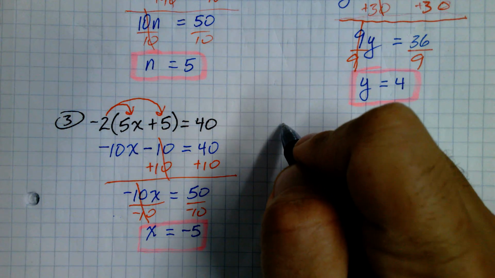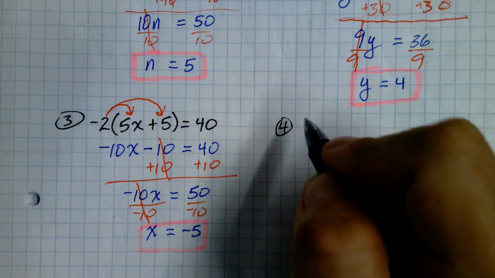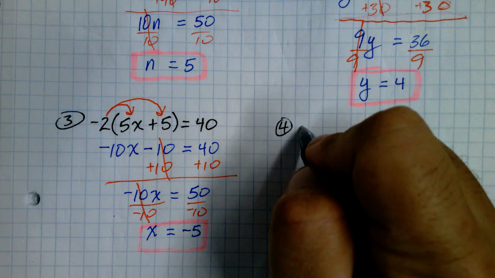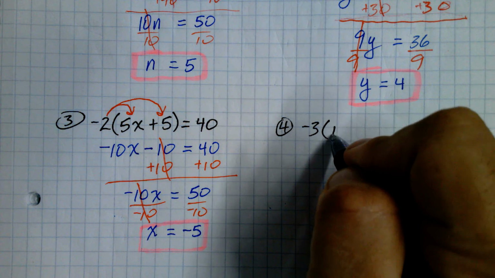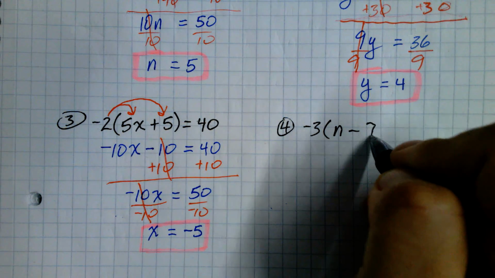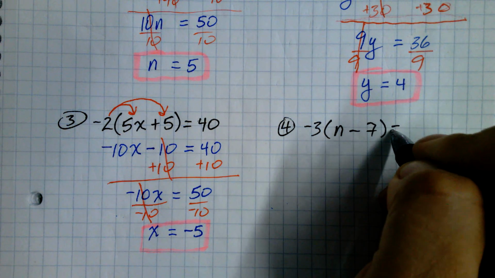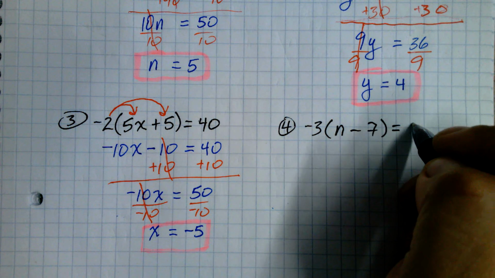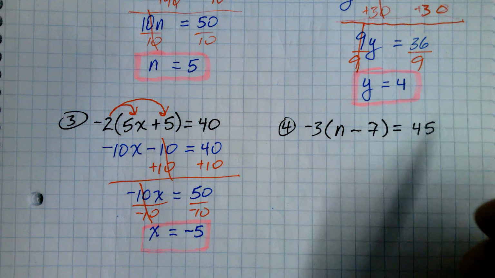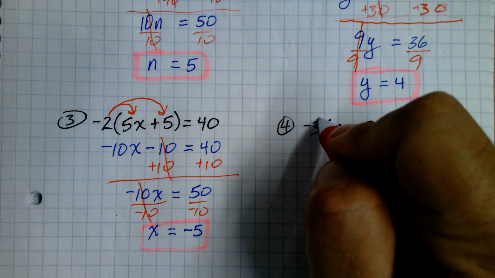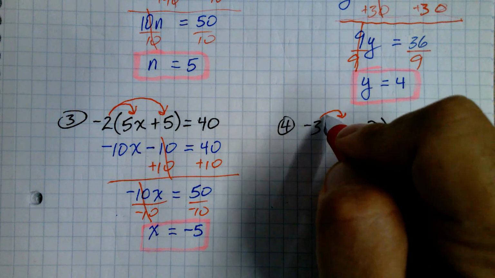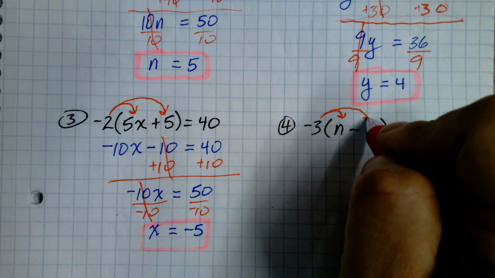Number 4. We're going to do negative 3. We're going to multiply that with n take away 7. And all of that's going to equal 45. Okay, so this time I want you to try it. Distribute this negative. Let's see what you get.